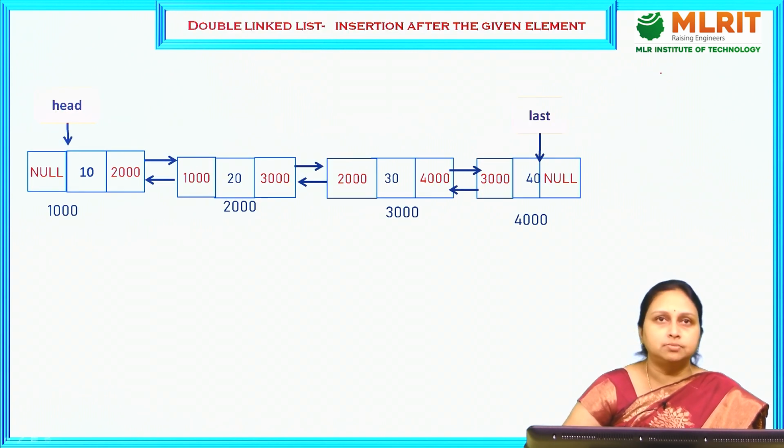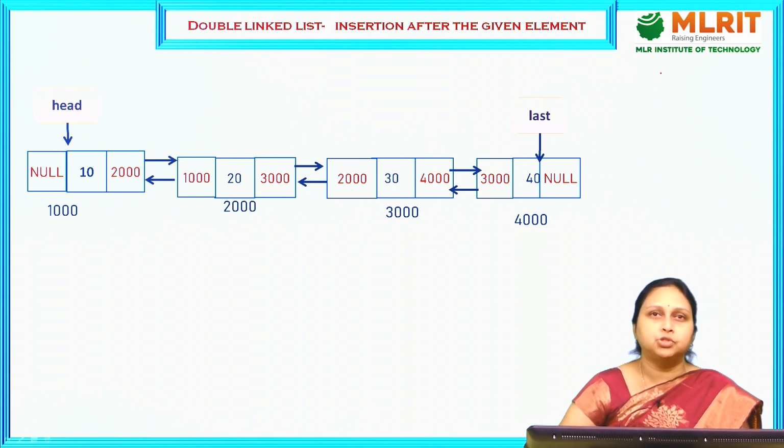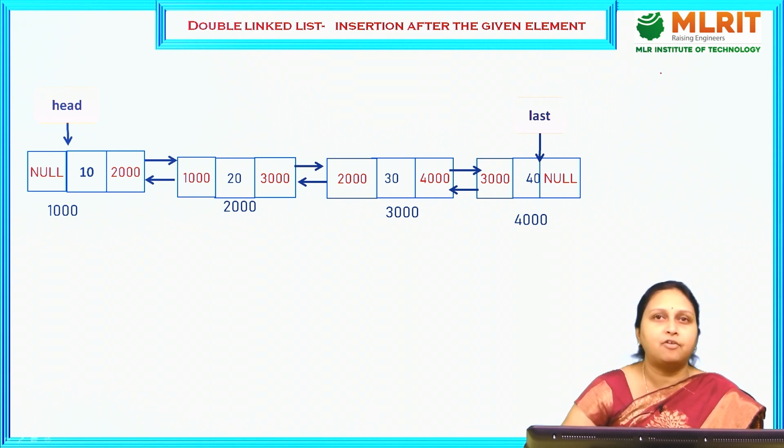The next operation we are going to perform on insertion is inserting a new node after the given element. Now you should be very careful when you do this. Previously we did this in the singly linked list also, but there we had only one connection, the forward connection, but here we need to represent both the forward as well as backward connections.